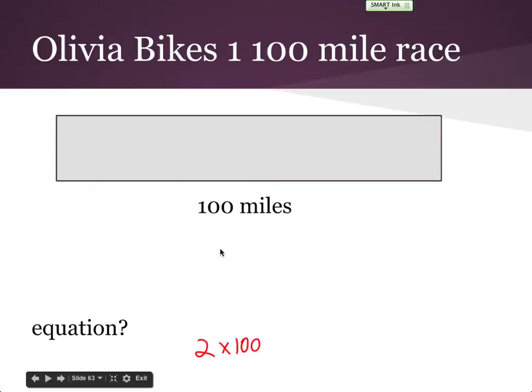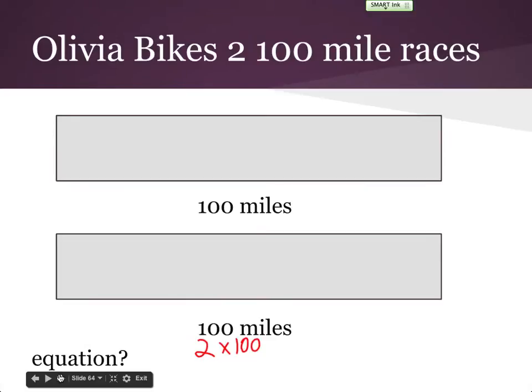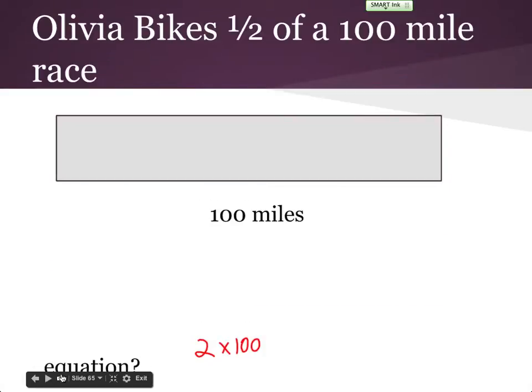If Olivia bikes a 100-mile race, we did 100 times 1. If she biked 200-mile races, we did 2 times 100. If she did half of a 100-mile race, what would be the equation?